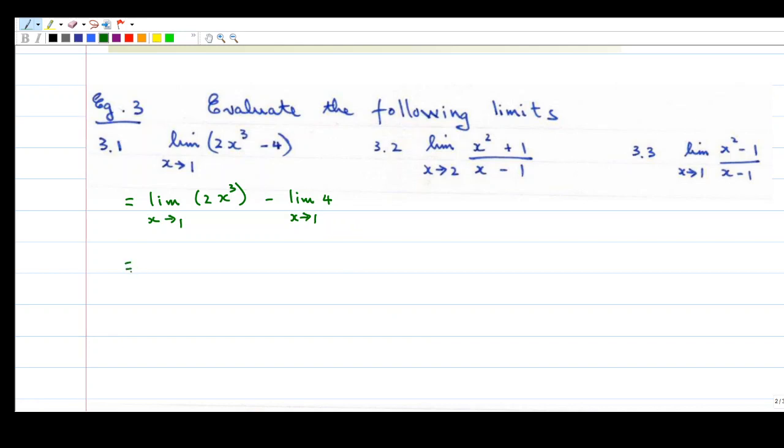So this gives us now 2 multiplied by, if you take the limit of x cubed as x approaches 1, it's really 1 cubed, minus the limit of 4 as x approaches 1. Your 4 is independent of 1, so it's going to remain as 4. So this gives me now negative 2.